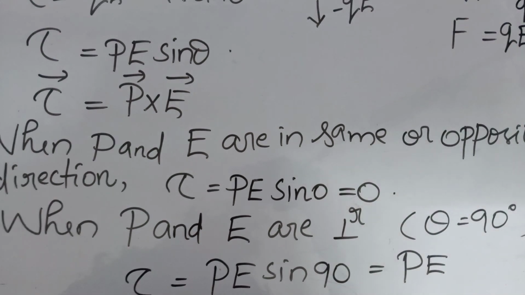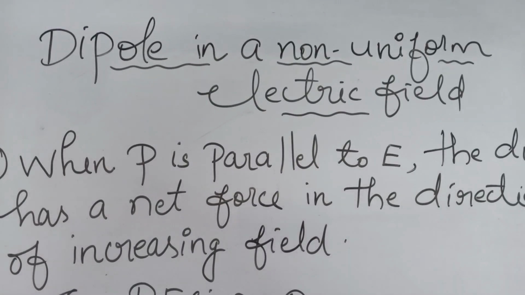Clear? Now, we can consider the dipole when it is placed in a non-uniform electric field. Then what will happen to that? Suppose we are taking a non-uniform electric field and we are placing a dipole in that. In such a case, the net force and torque on the dipole will not be 0. So what happens is that the dipole will undergo translational and rotational motion.